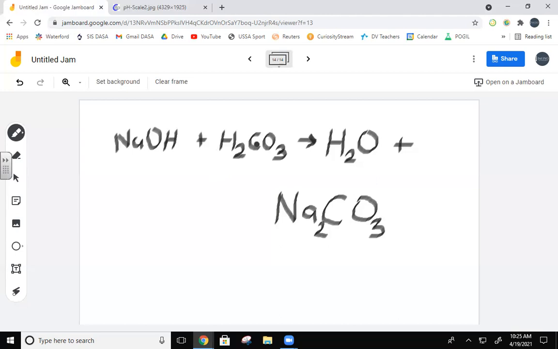And then this CO3 finds this guy. So they switch places. Double replacement, right? Trading dance partners. Okay? Questions on how that works?